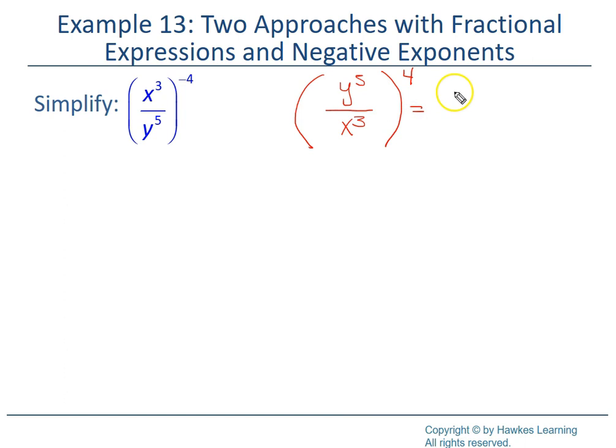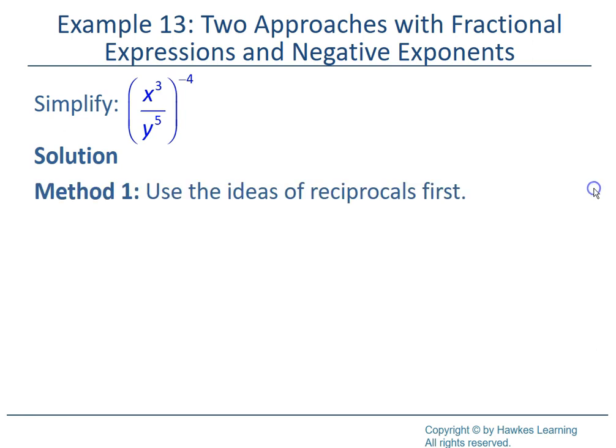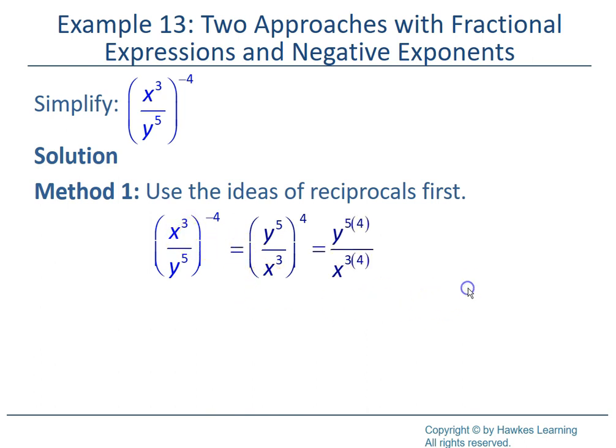So this is going to be y to the 20th over x to the 12th. And we can go on here. So there it is in its original form. By making our exponent positive, we just flip the fraction, take its reciprocal, as we say in formal terms.